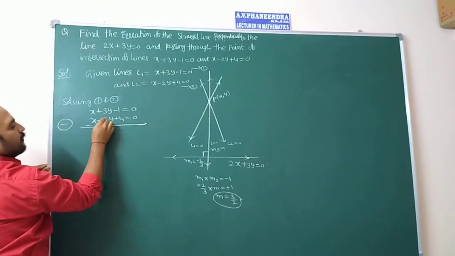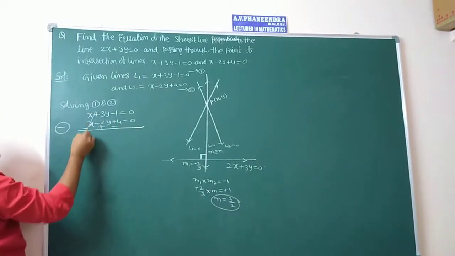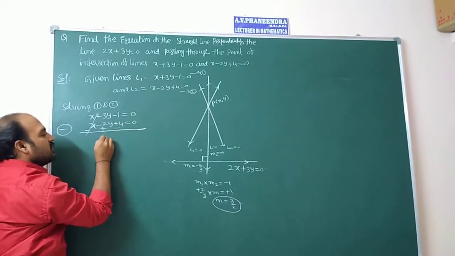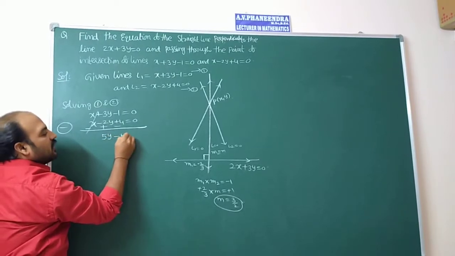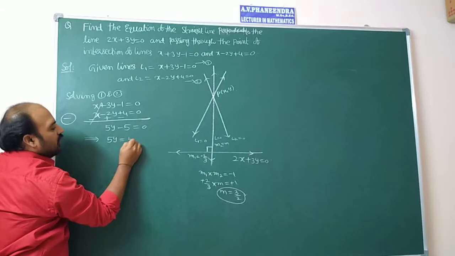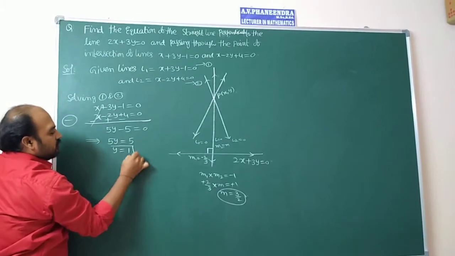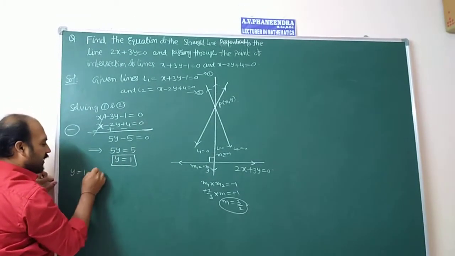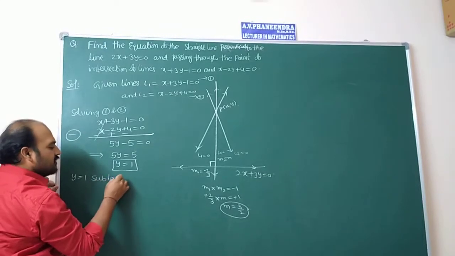Subtracting, minus plus minus, x minus x cancels, plus 3y plus 2y is 5y, minus 5 equal to 0. That implies 5y equal to 5, y equal to 1. Substitute in any of the equations.